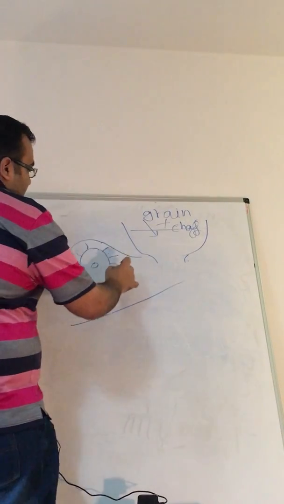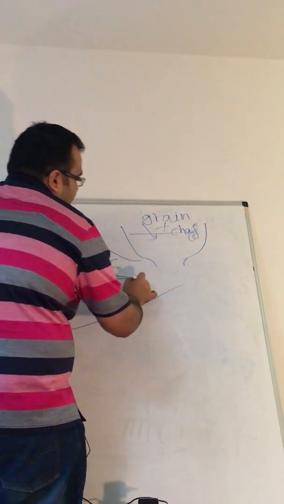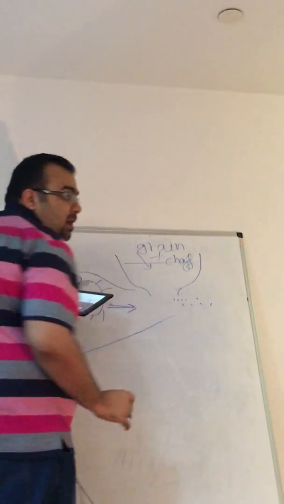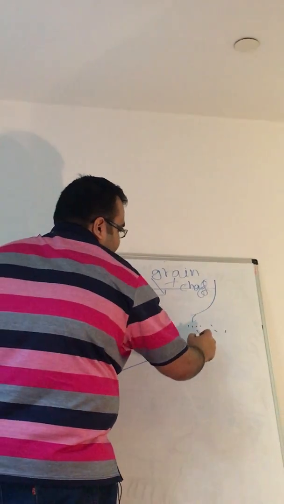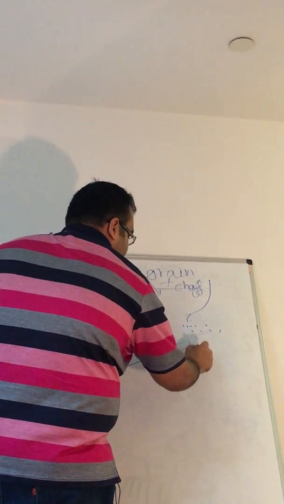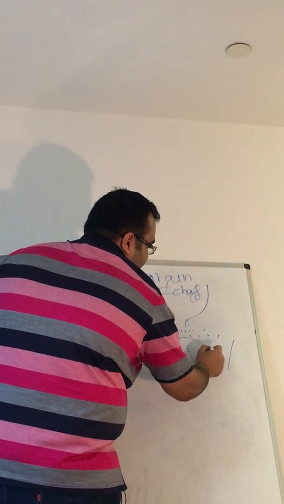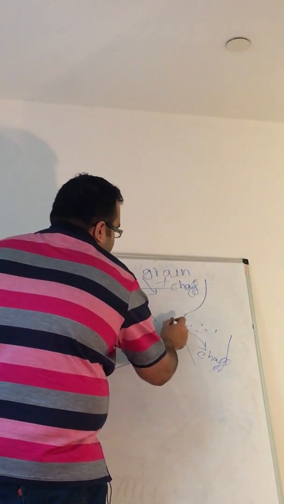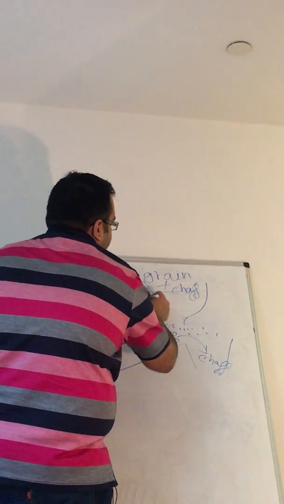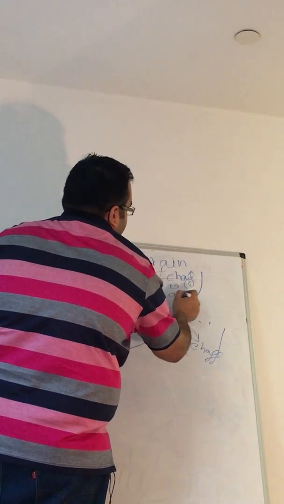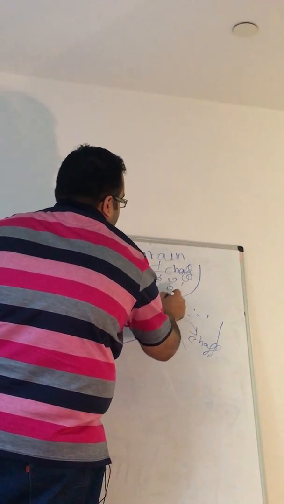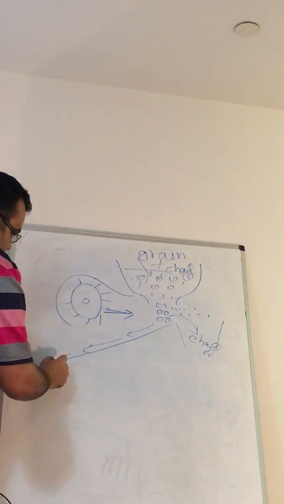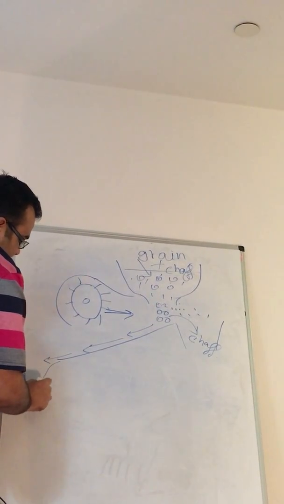Now as the air is blowing here, the light chaff part is going to be blown away, right, and it is going to be collected here, and the solid part, which is the grain, is going to fall down and be collected here.